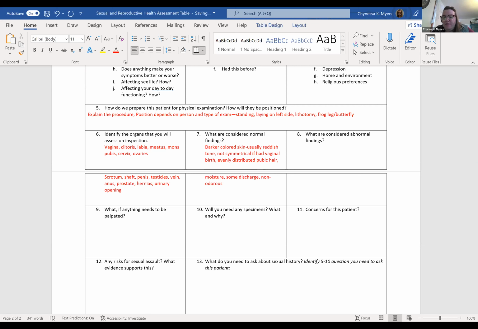How about on the male patient? I think we got most everything on the female patient. Darker skin around the scrotum. Yep, darker skin around the scrotum. Point five millimeters or bigger if they have hit puberty, I believe.